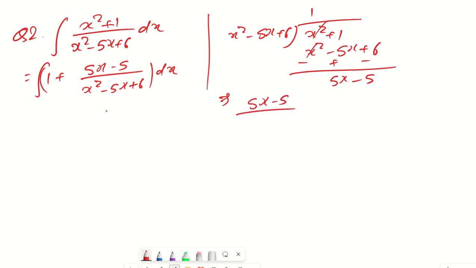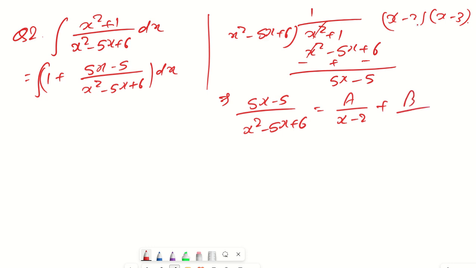5x minus 5 divided by x square minus 5x plus 6. See, x square minus 5x plus 6, can we write it down as (x minus 2) into (x minus 3)? So I can write it down as a by (x minus 2) plus b by (x minus 3).